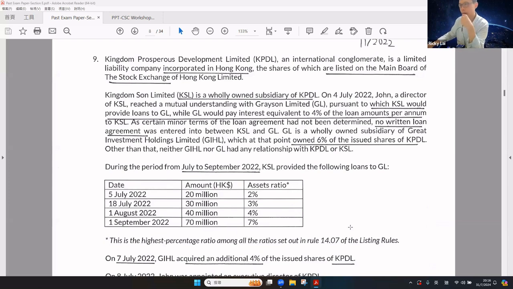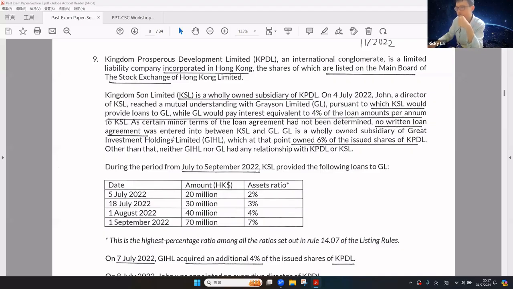Now, look at the type of company. Normally, this is a Hong Kong company and the shares are listed on the stock exchange. The subsidiary, KXL, is a wholly owned subsidiary of the listed company. On July 4, John, the director of KXL, reached a mutual understanding with GL, in which KSL, that is the subsidiary, provides a loan to GL, and GL pays interest equivalent to 4% of the loan amount per annum to KSL.